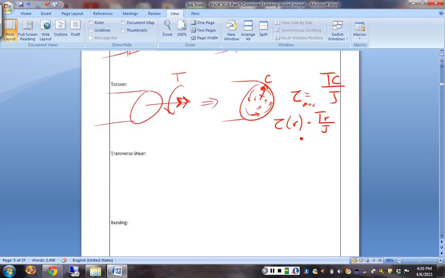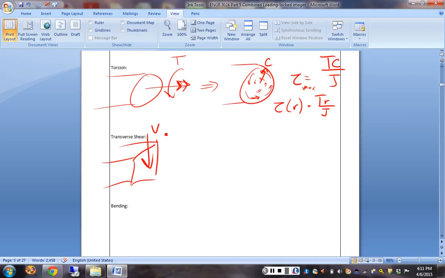Now the transverse shear, that's like the trailer hitch. That is a shear along the face. And that results in what kind of stress? The shear force results in a shear stress.